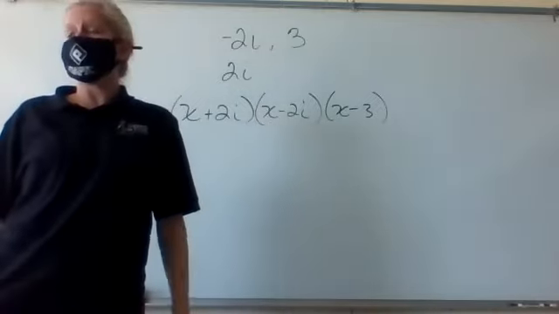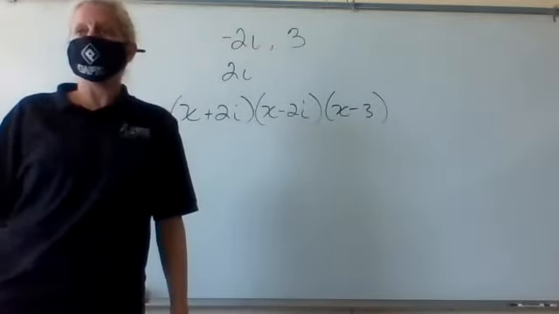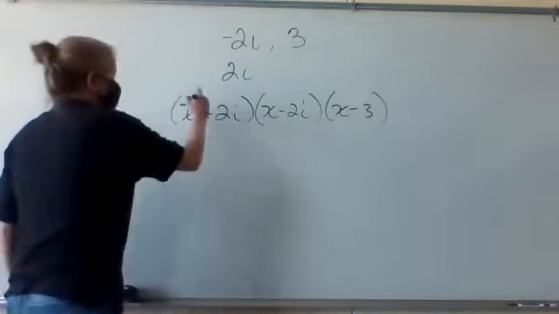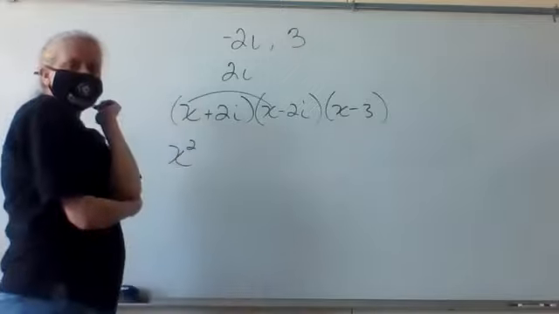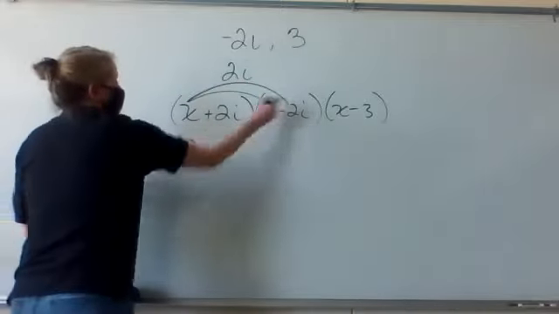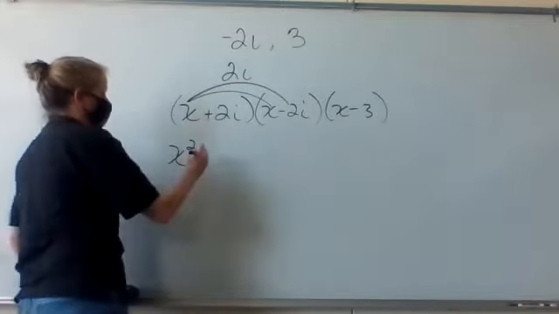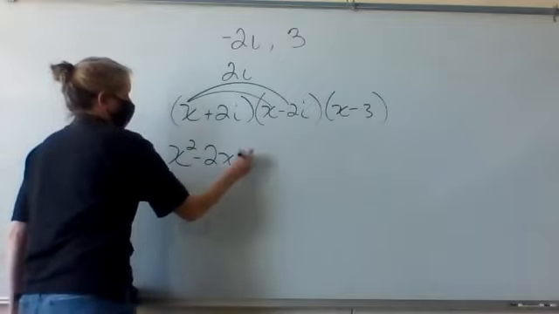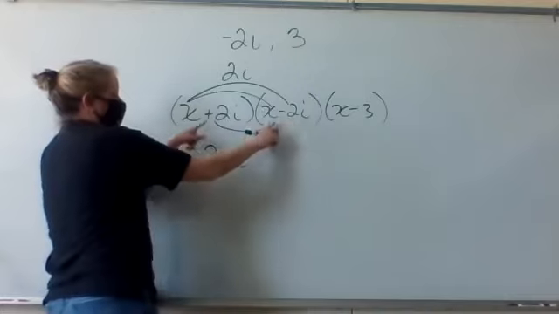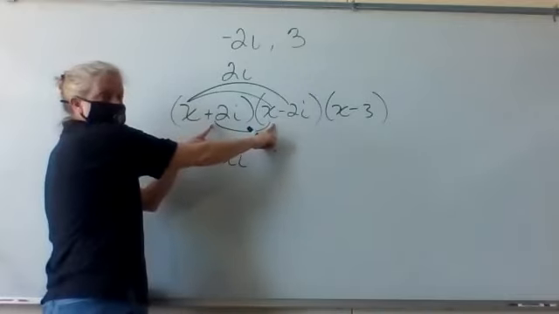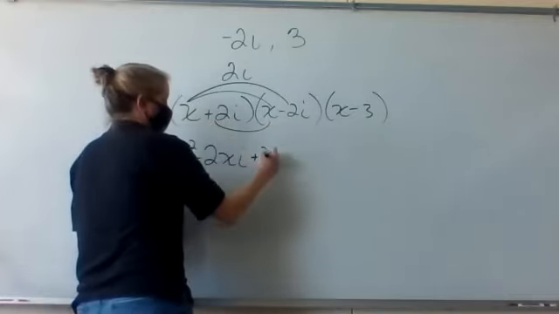Remember, if you have i's, FOIL those together first. They'll clean each other up. So let's see, my first, x times x gives me x squared. My outer, x times negative 2i is negative 2xi. My inner, positive 2xi.